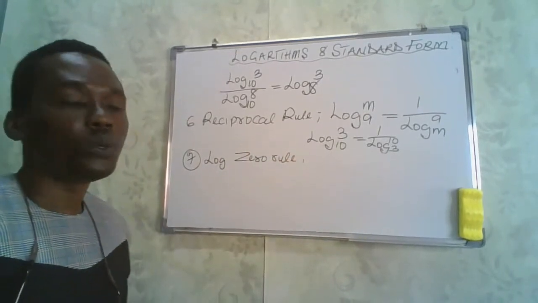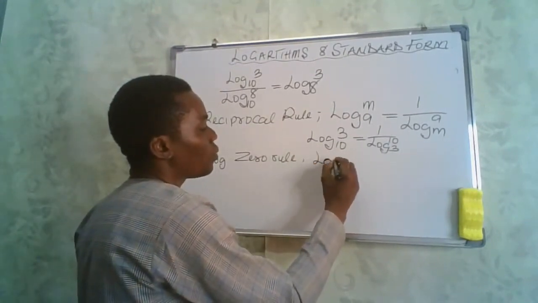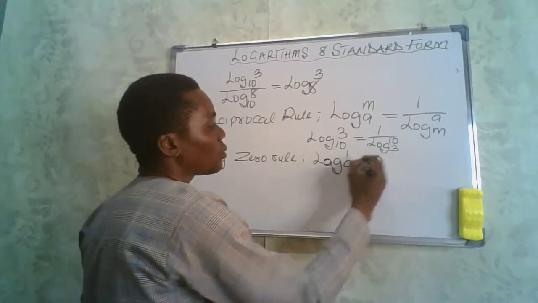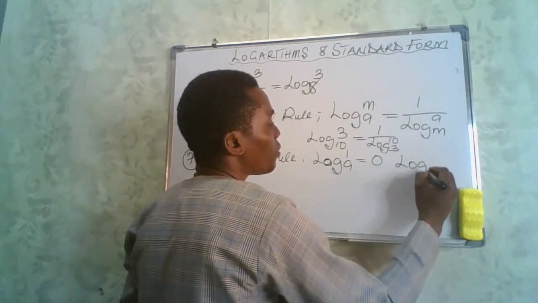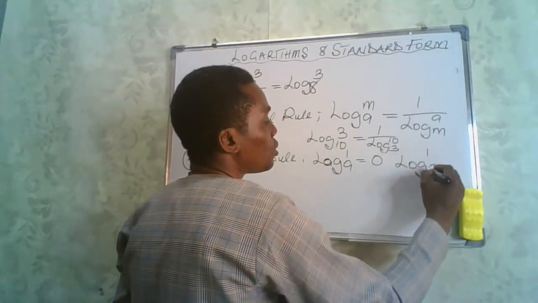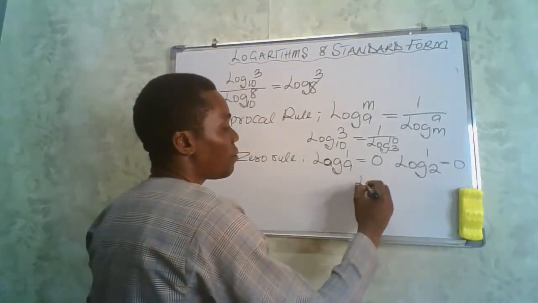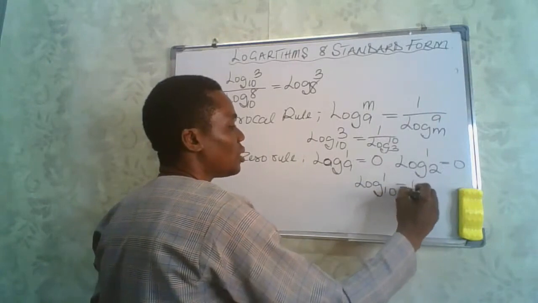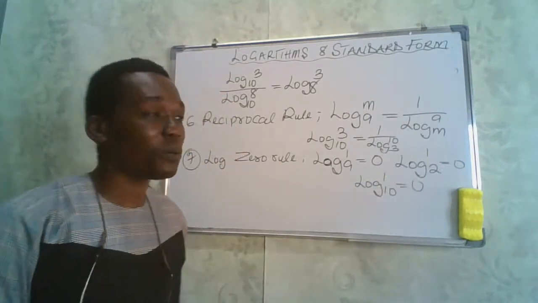The logarithm zero rule says if you have the log of 1 base a, it is equal to 0. So if I have the log of 1 base 2, this will be equal to 0. If I have the log of 1 base 10, this is going to give me 0.